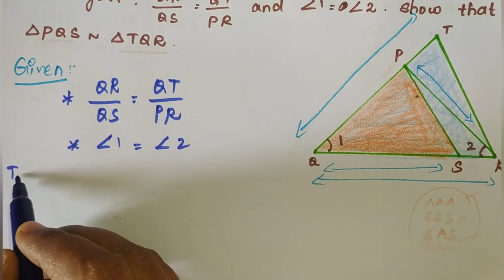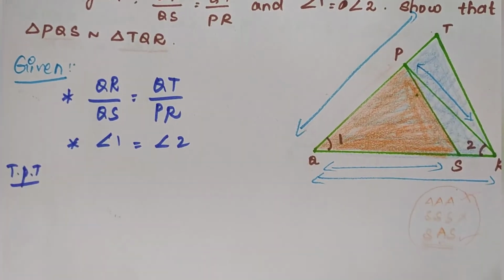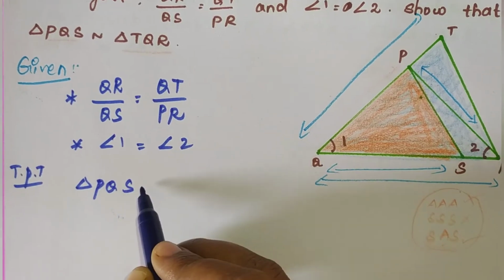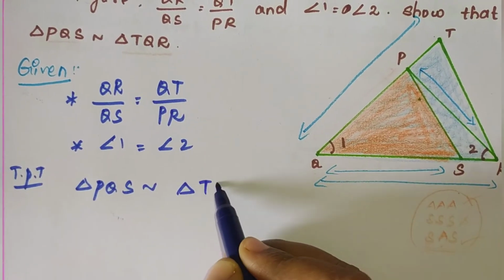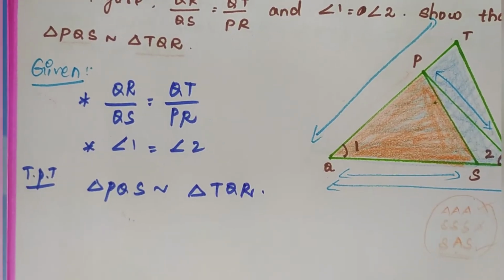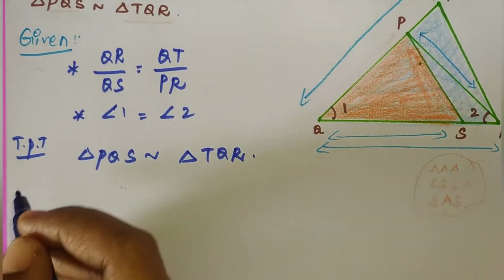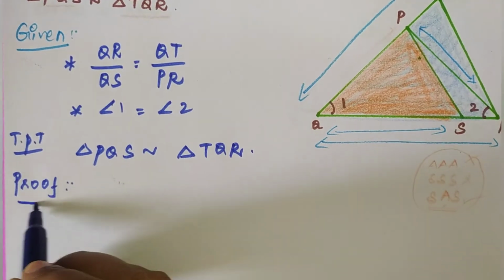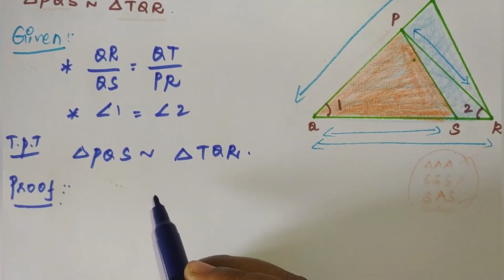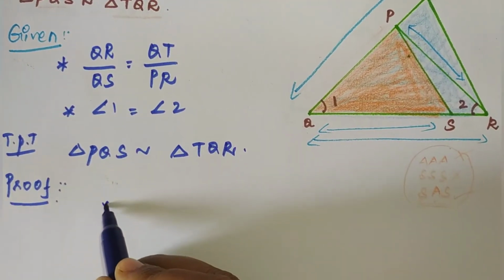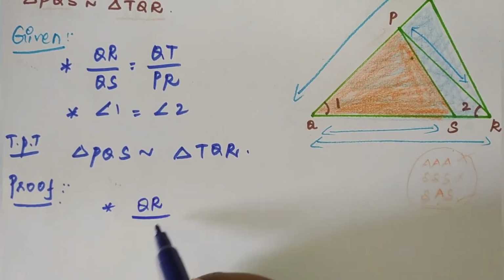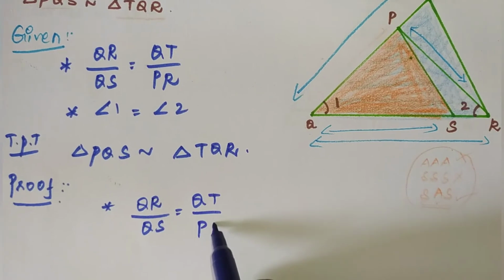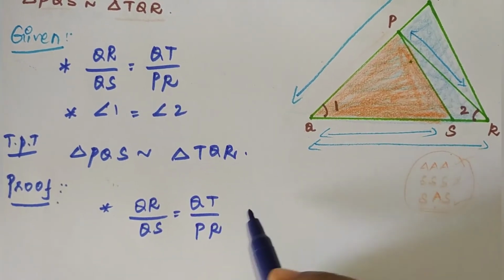Next, to prove that triangle PQS is similar to triangle TQR. Then proof. First given is QR divided by QS is equal to QT divided by PR. This is given.